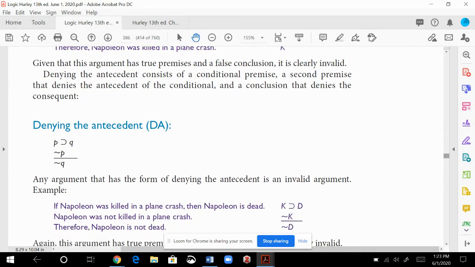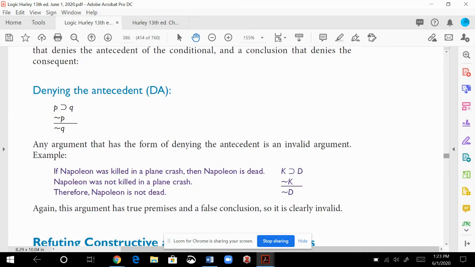Okay. Denying the antecedent. So if P, then Q, not P, therefore not Q. This looks similar to a modus tollens, which would look like this. The only problem is they're not denying the consequent, they're denying the antecedent right away, and that's where you run into a problem on the truth table.